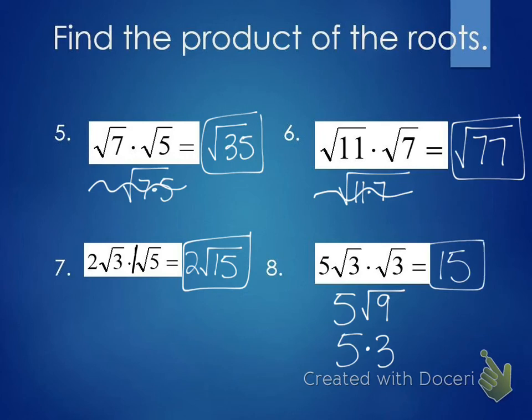So our answer is just a whole number. There is not a radical. Remember, it's possible for the radical to go away if what was under it was a perfect square number. Questions, concerns about 5 through 8?